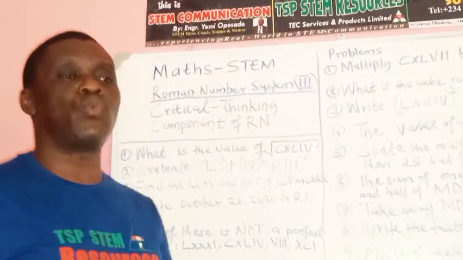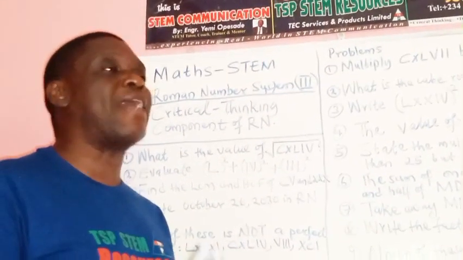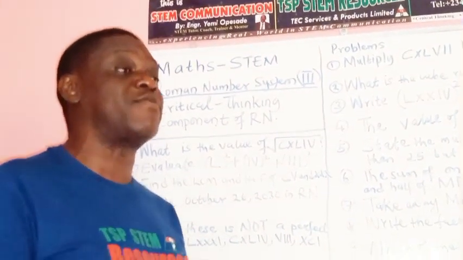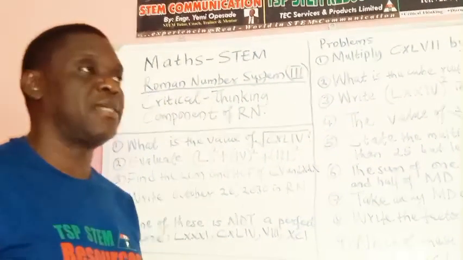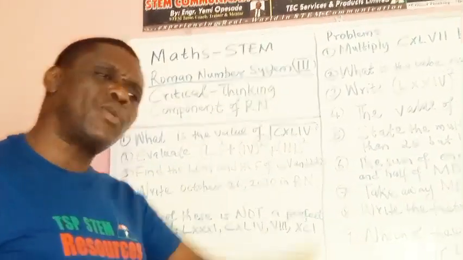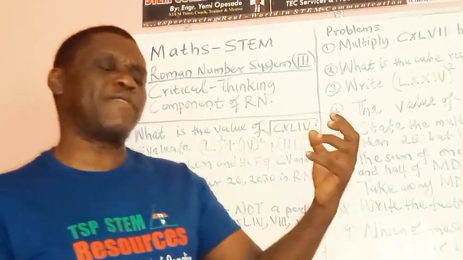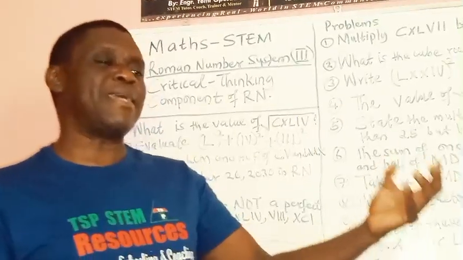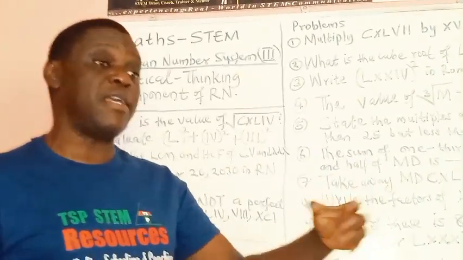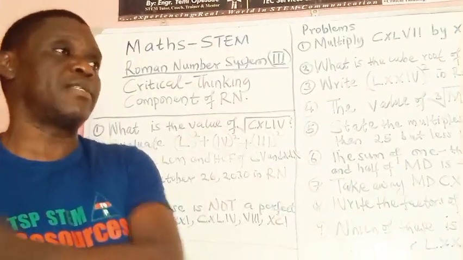Then in part 2, we went ahead to look at the application of the Roman number system. How are numbers being generated? How are numbers being formulated? How are numbers being created in the Roman numeral system? We looked at that from 3 different perspectives. We looked at writing numbers from Hindu Arabic to Roman numeral system.